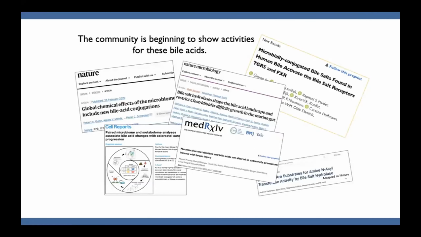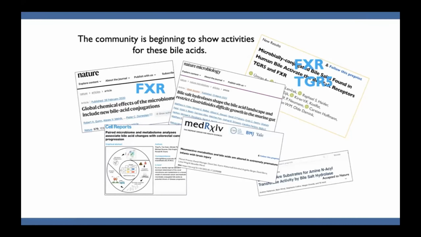But because we built this resource, we captured this knowledge, other people use the GNPS ecosystem, as well as all the knowledge that comes into the CMMC knowledge portal. So the community is starting to see these bile acids in their studies, and they're starting to test them against activity.